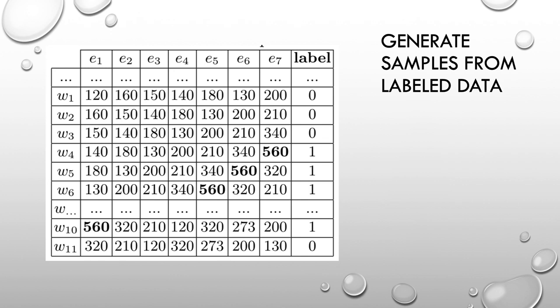To generate the next sample, we move our sliding window by 1 and repeat the above process to create the following sample. In the case of non-labeled data, we do not care about the label of each error signal segment because our binary classifier will predict it.